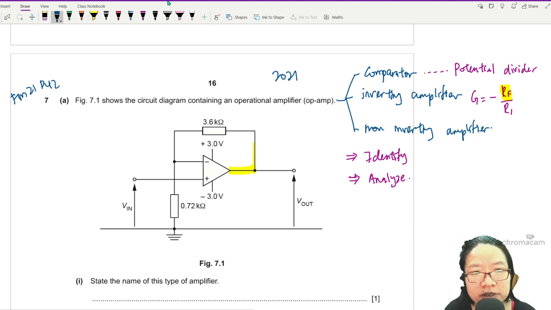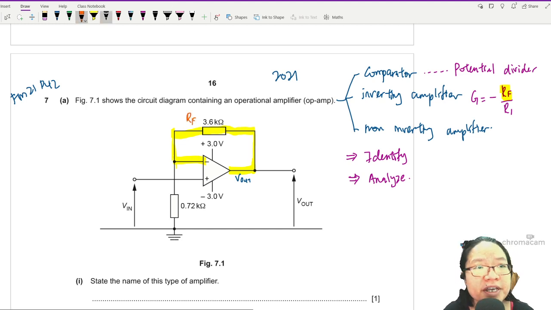I'm just going to label this. This is your Vout. When part of that Vout, not all, because some of the Vout actually goes straight, is sent back into this part here, this is what we call a feedback loop. So this will be my RF.